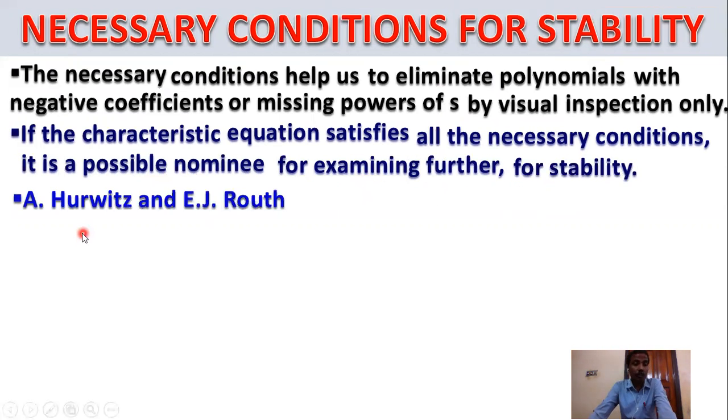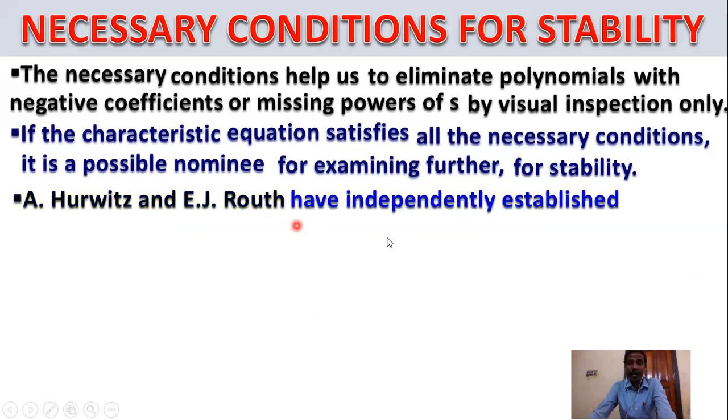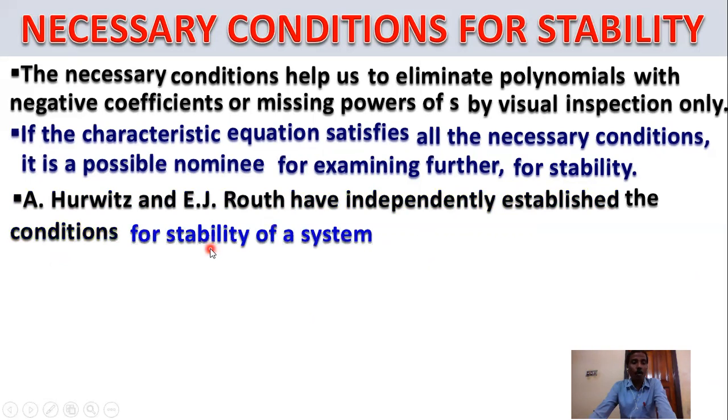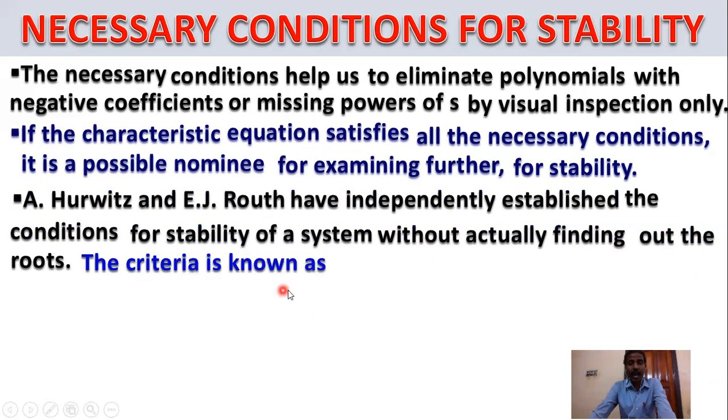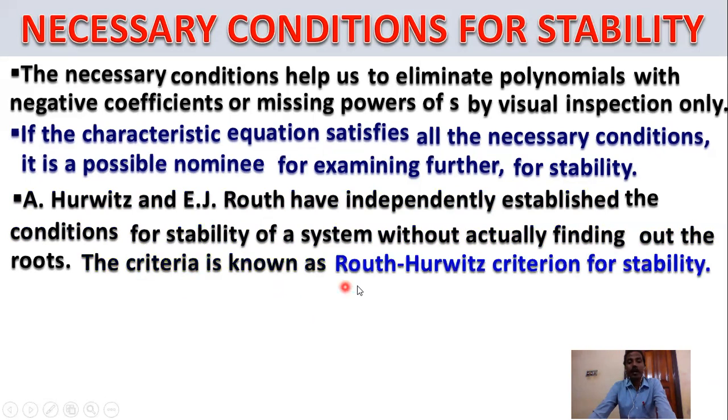Then Hurwitz and E.J. Routh have independently established the conditions for stability of a system without actually finding out the roots. The criteria is known as Routh Hurwitz Criterion for stability.